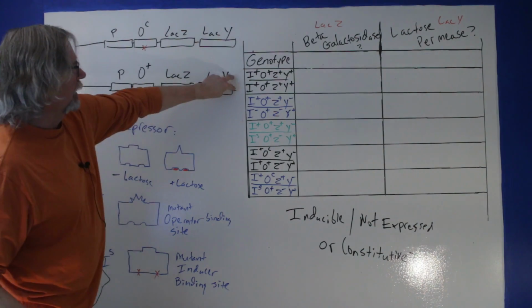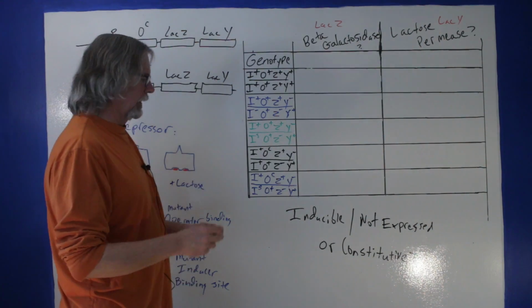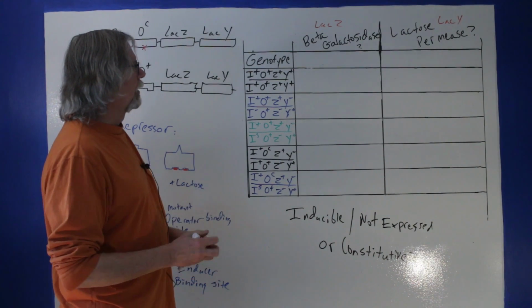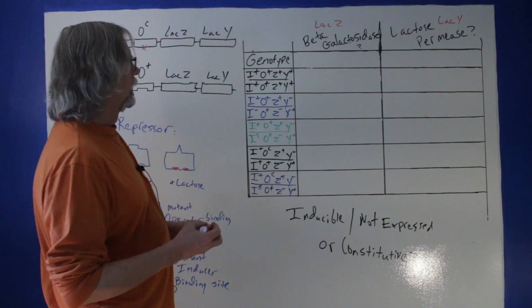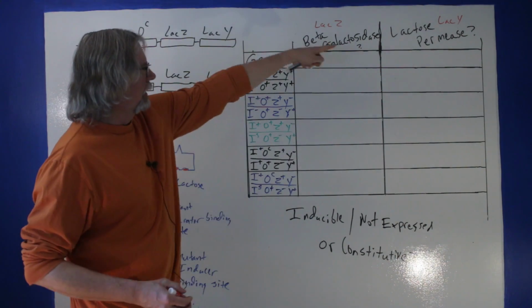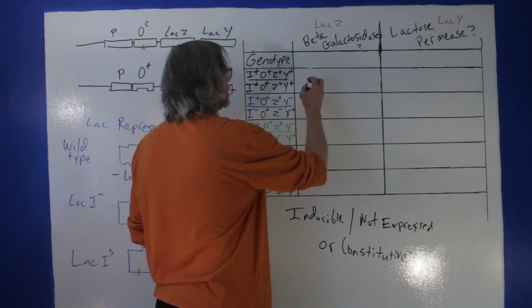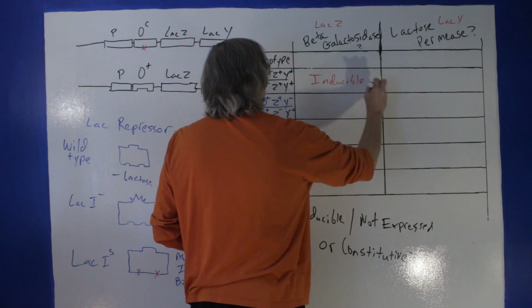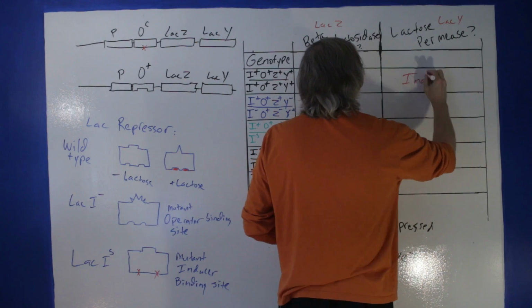So for this genotype, it's going to be essentially wild type genotype times 2. So for both LAC-Z and LAC-Y, expression of beta-galactosidase and lactose permease is going to be inducible. Inducible expression for both.